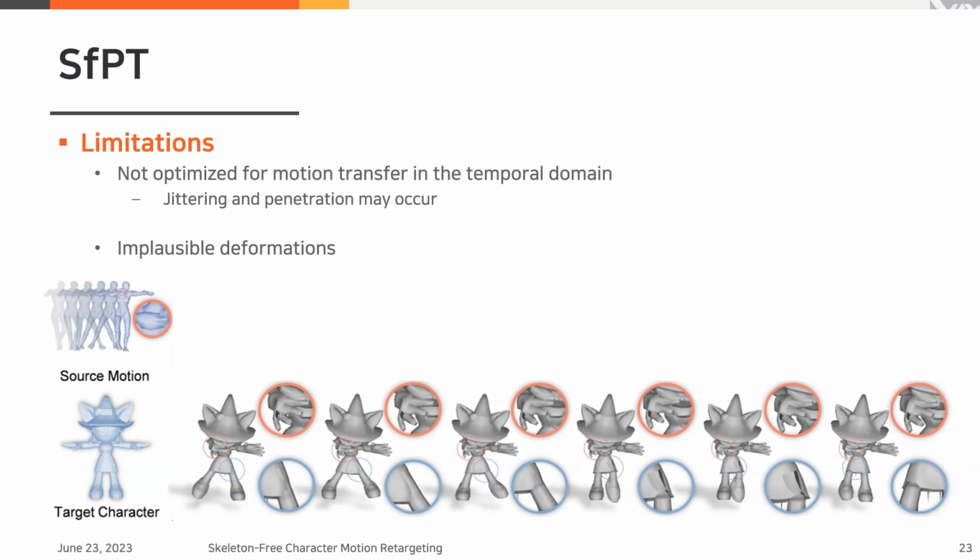So I'm going to show you what the penetration or local part implausible deformation looks like in this figure. Okay. So what I'm trying to say is that maybe this has nothing to do with the animation sequence. Even for one pose, that may happen.